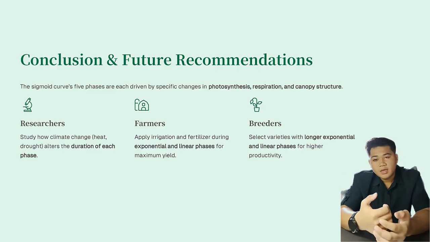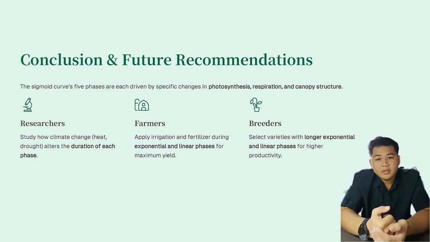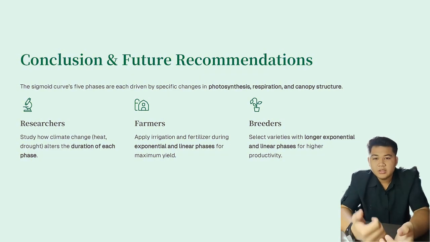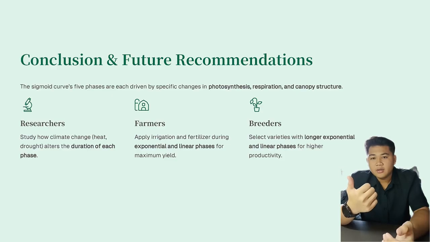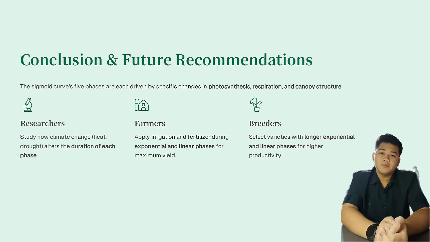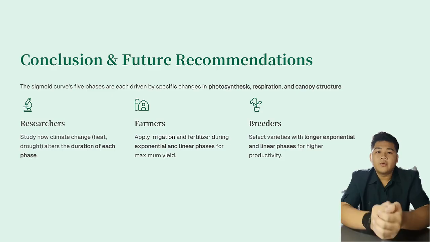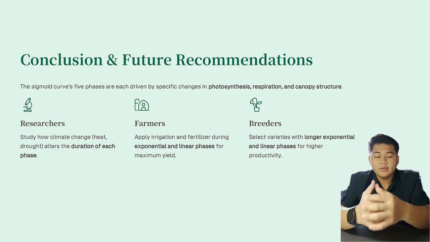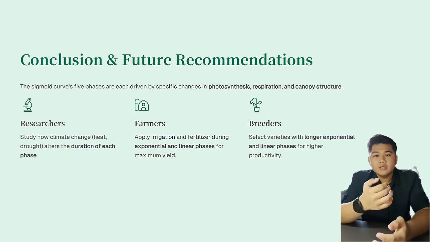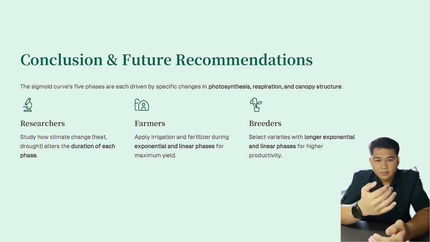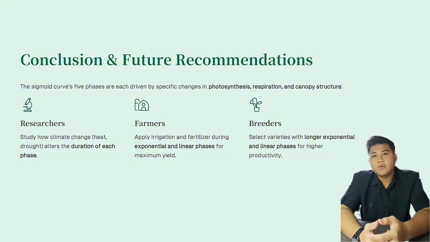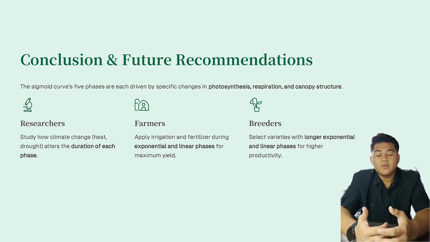For the farmers, I think applying irrigation and fertilizer during the exponential and linear phases gives maximum yield. And for the breeders, select varieties with longer exponential and linear phases for higher productivity. That's all from me. Thank you for watching this video.